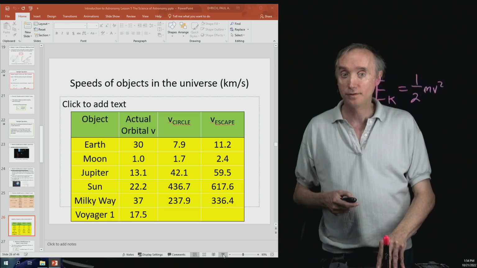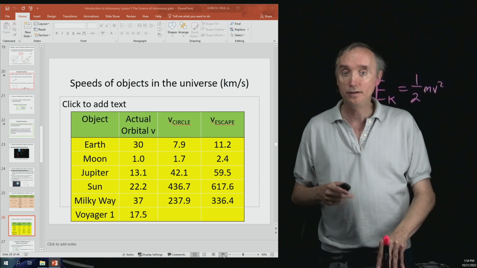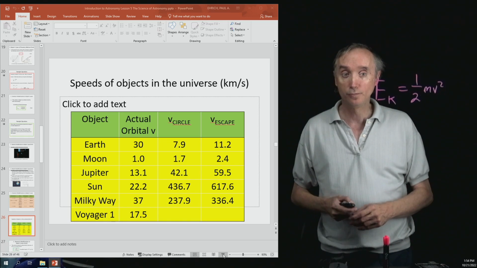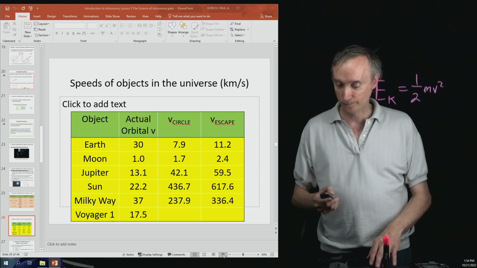So has it escaped? Yeah, it has escaped the gravity of the Earth, so it's never going to return to the Earth because 17.5 is greater than 11.2. So Voyager 1 is currently on its way out of the solar system.